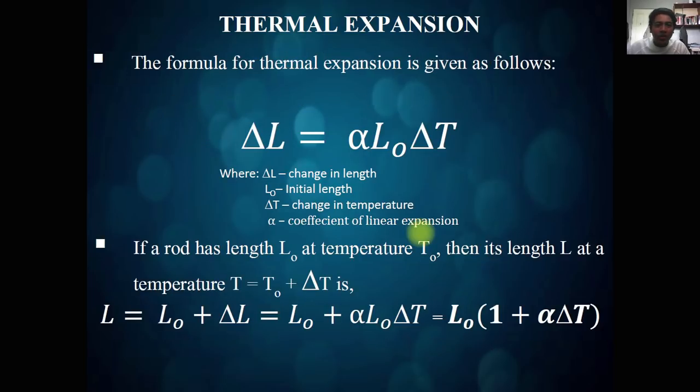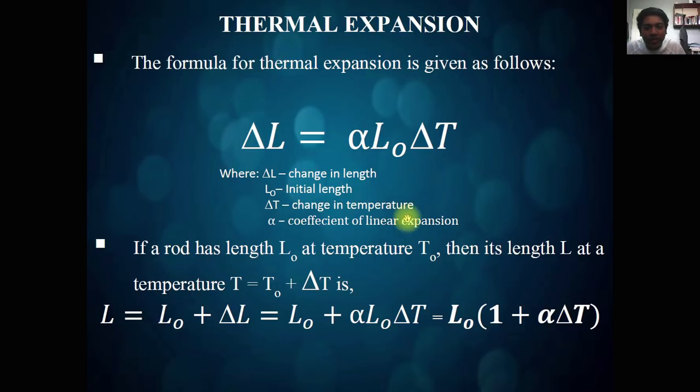So here is our formula for thermal expansion: delta L is equal to alpha L naught delta T, wherein delta L is the change in length of the material, and L naught is the initial length of the material.